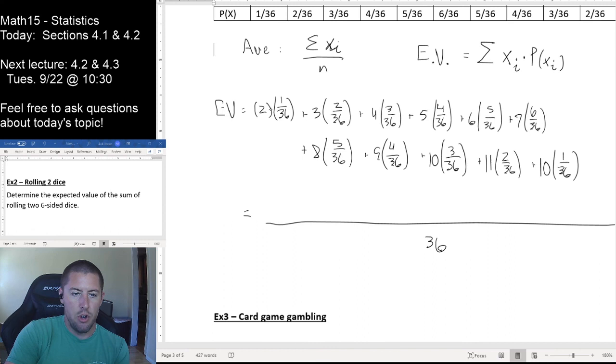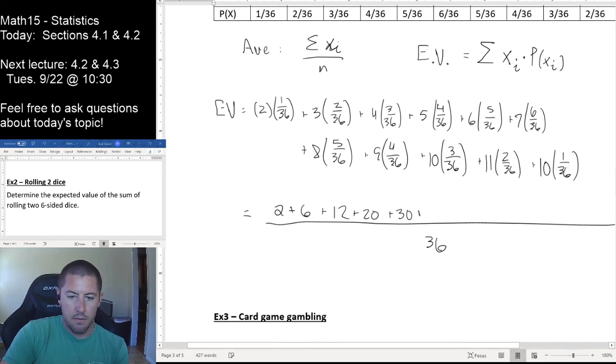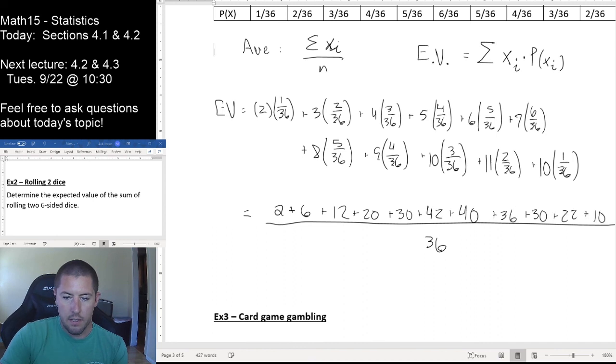My first numerator, 2 times 1 is 2. 3 times 2 is 6. 4 times 3 is 12. 5 times 4 is 20. 6 times 5 is 30. 7 times 6 is 42. 8 times 5 is 40. 9 times 4 is 36. 10 times 3 is 30. 11 times 2 is 22. And 12 times 1 is going to be 12.